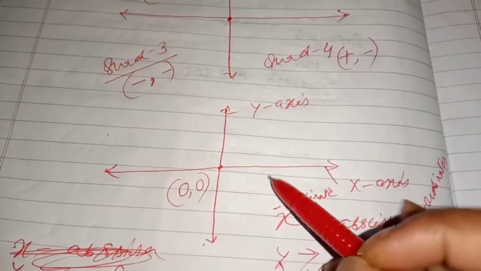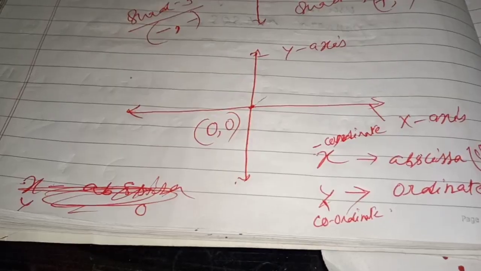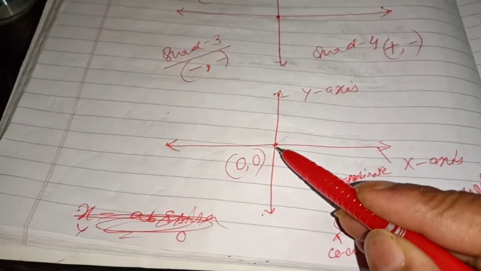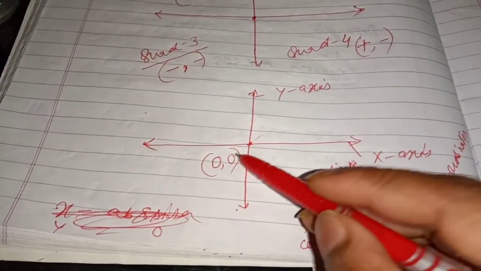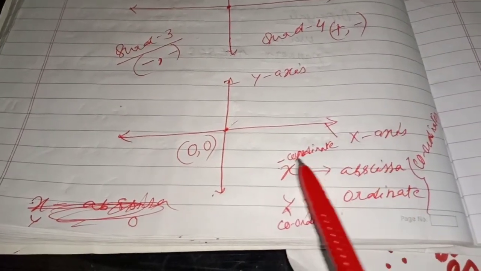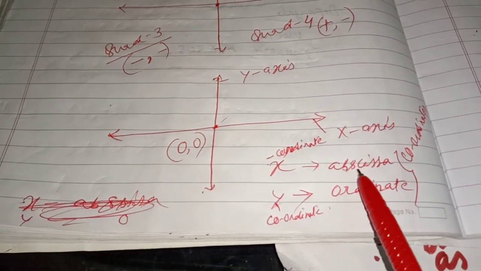Understood? Now next, this point is origin. Why is this 0, 0? Because here the value of x is 0 and the value of y is also 0. So this is 0, 0. Now see, the value of x, that is those points on the x-axis, is called the x coordinate, or a special name it has, abscissa.